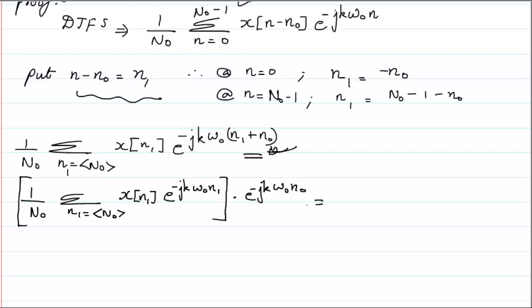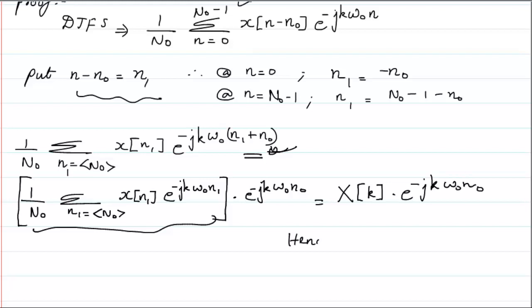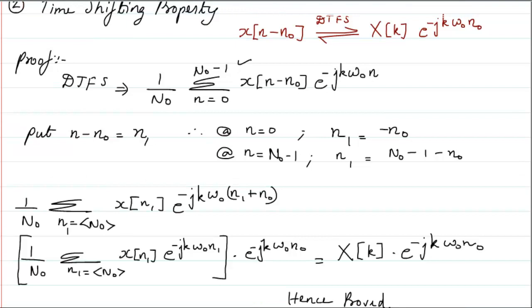So what is inside the bracket? Inside the bracket is basically the DTFS of x of n1, which I will write as capital X of k, and what remains is multiplied by e raised to power minus j k omega naught n naught. Hence proved. So you can see that this is what we wanted to prove, that the DTFS of this one would be this, which we have proved.